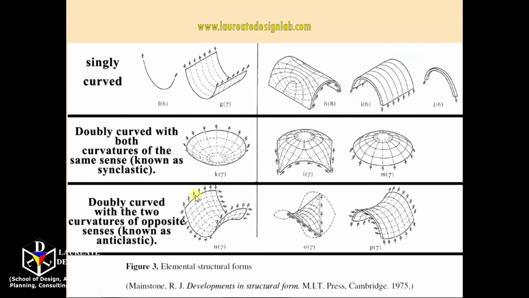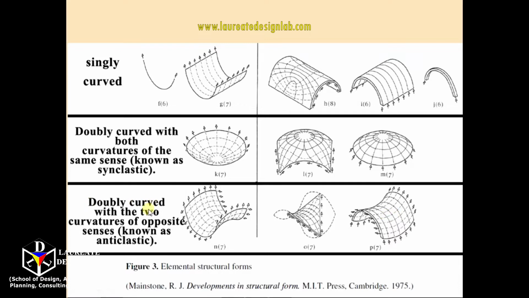There's a third type which is also called doubly curved, with the two curvatures of the opposite senses, known as anticlastic. So this is a kind of curvature wherein you are getting this particular shape in both the directions, this direction and this direction. So in all these three sketches, you can see the shape is getting repeated in two directions.